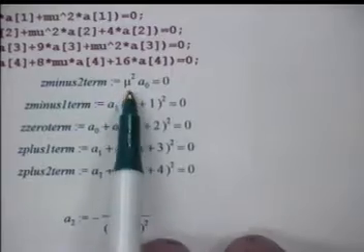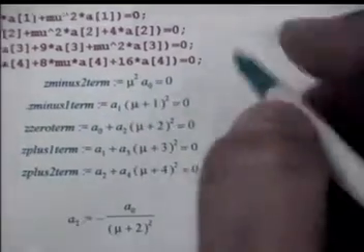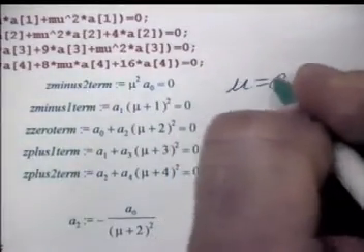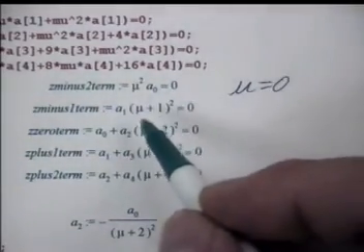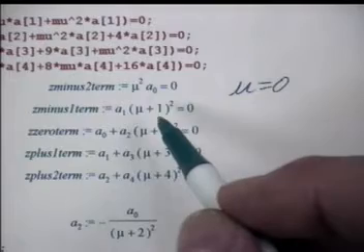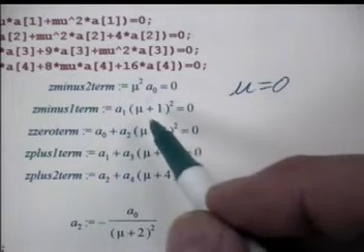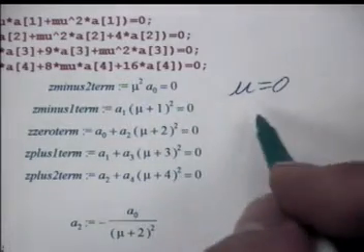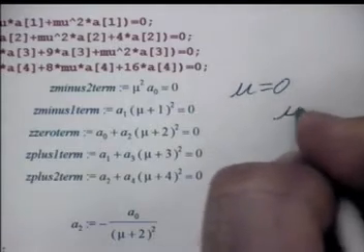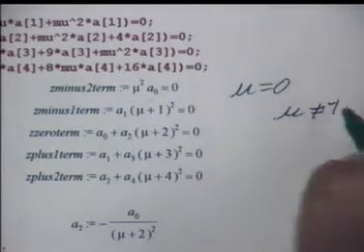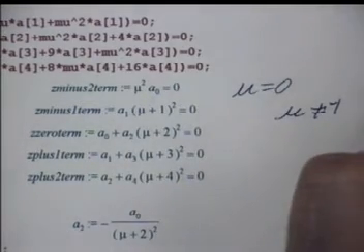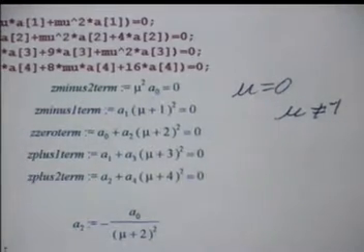So what we have to do is say mu is equal to 0. Now at this point, remember that a1 had to be 0 if mu was not equal to -1. So in this case, mu isn't equal to -1, and therefore a1 has to be equal to 0.